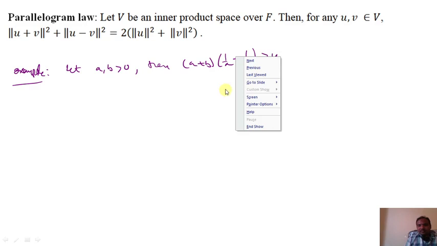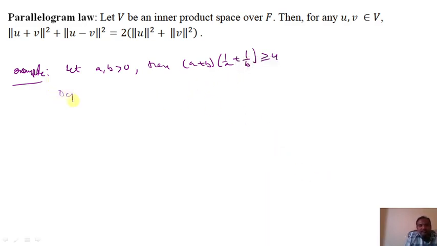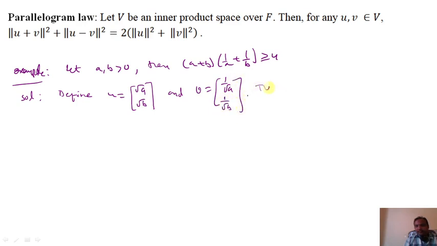Now define u equal to root a, root b and v equal to 1 over root a, 1 over root b.